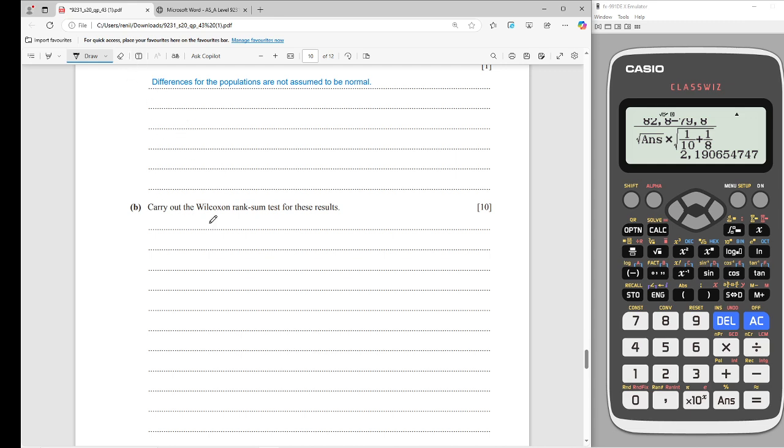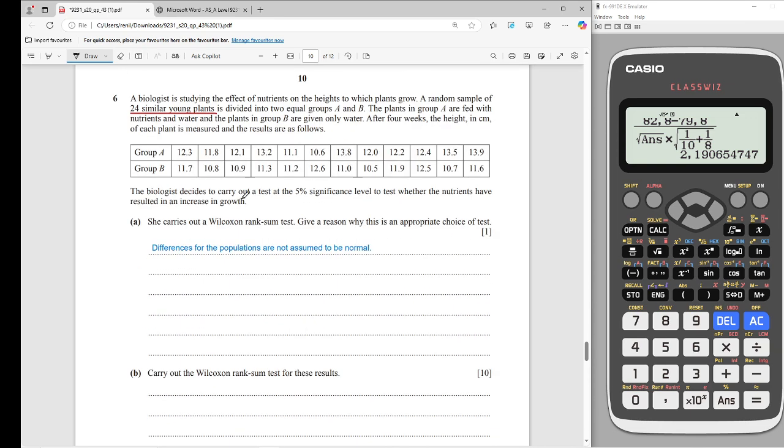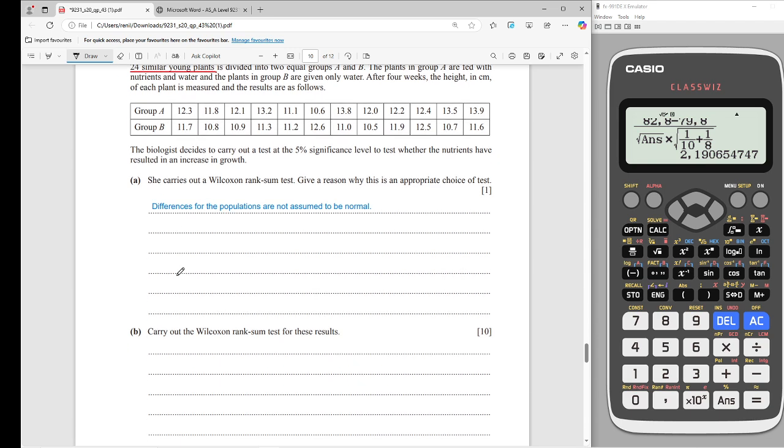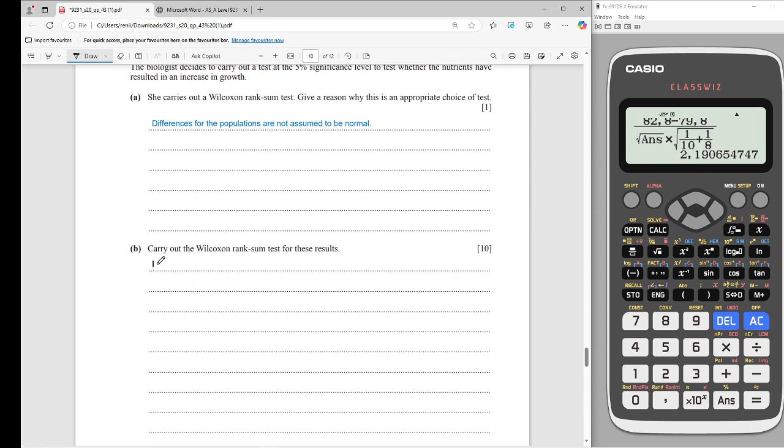So yes, Wilcoxon rank-sum test. We put the values in ascending order. We don't have to do this, but you can, and therefore I'm going to do it, and we will put all these values in ascending order. So I get 10.6 as the first one. Next value was 11.1, 11.8, 12.0.